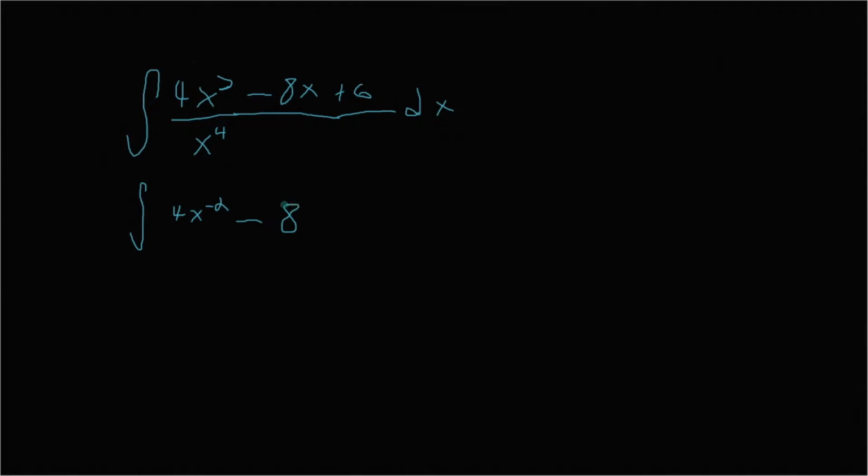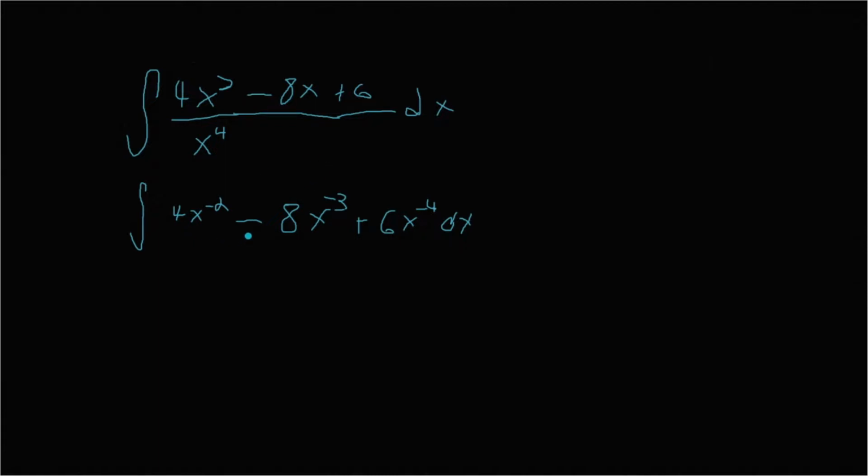Let's try that again. 8x to the negative 3, because we subtract the top from the bottom. And then the last term is 6. And so this is just 6. And there's no x's here, so it's x to the negative fourth. So 6x to the negative fourth with respect to x. We're integrating with respect to x.